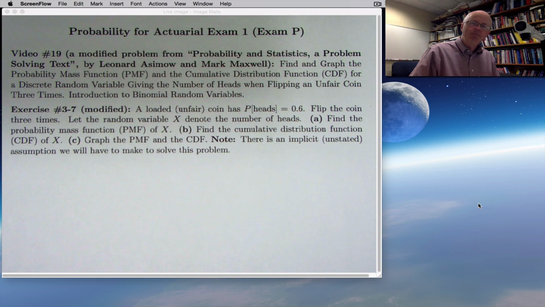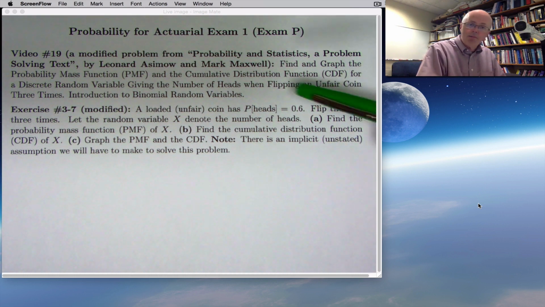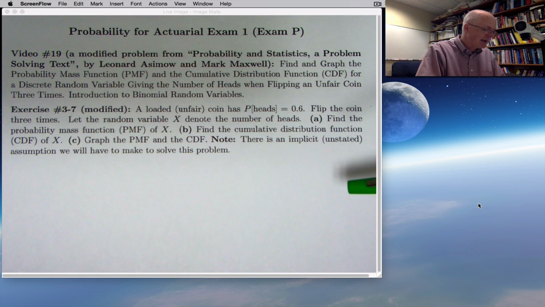It's good knowledge to have if you want to be an actuary or if you just want to understand probability. So we'll be finding and graphing a probability mass function, PMF, which we talked about in the last couple of videos, and something new, a cumulative distribution function, CDF, for these things called discrete random variables.